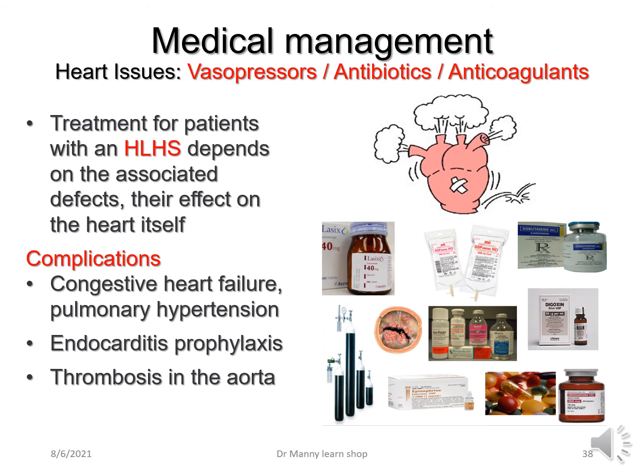Now, the medical management, similar: vasopressors, antibiotics, and the introduction of anticoagulants, because there's an incidence where you could have thrombosis in the native aorta. Complications still are similar to others: congestive heart failure, pulmonary hypertension, endocarditis, so prophylaxis is required.